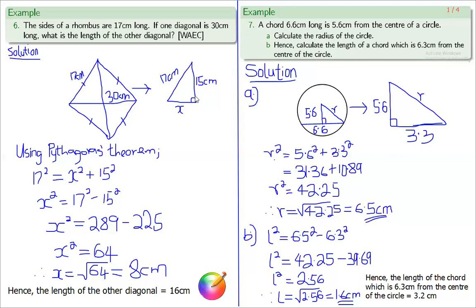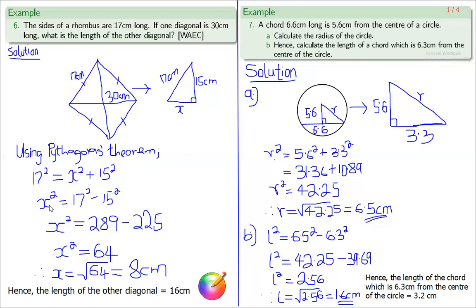From the right angle triangle, you can see the hypotenuse side is 17 centimeters, the other side is 15 centimeters, while the unknown, which is half of the other diagonal we're supposed to calculate, is labeled as x. Now, applying Pythagoras Theorem, we have the hypotenuse 17 squared is equal to the sum of the other 2 sides, x squared plus 15 squared.